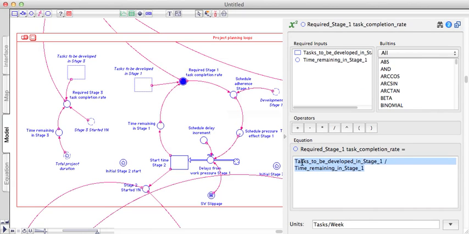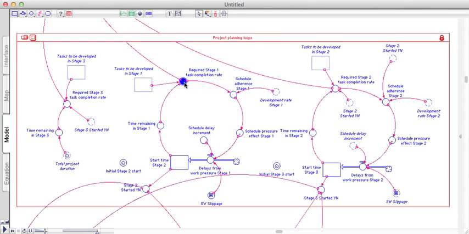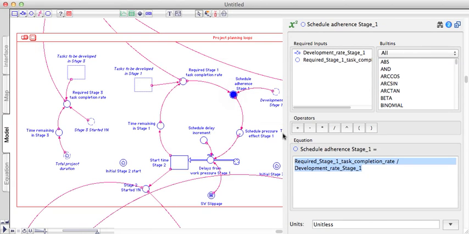So these two divided by each other leads to a certain required task completion rate. So a number of tasks that you need to do per week, which tends to be a pretty high number later on. But there is also, on the other hand, the actual development rate. Well, the ratio of those two determines the degree to which you adhere to the schedule.